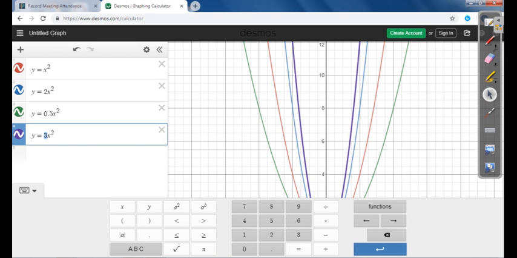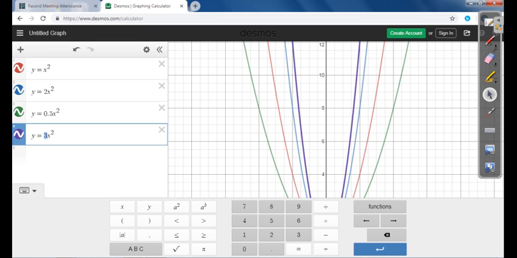So the two things that we're doing are a vertical stretch or a vertical compression, okay? So what this is doing to your graph, the 0.5, is vertically compressing your original graph. Does that make sense to you? Okay?